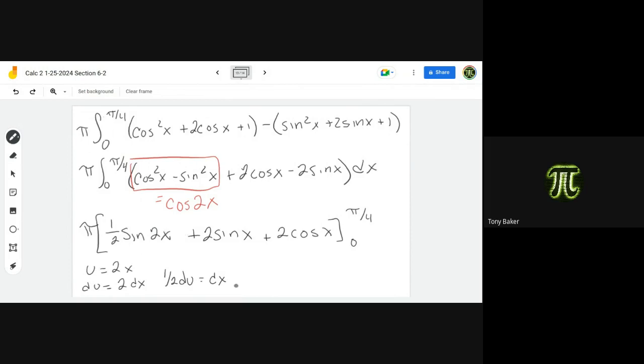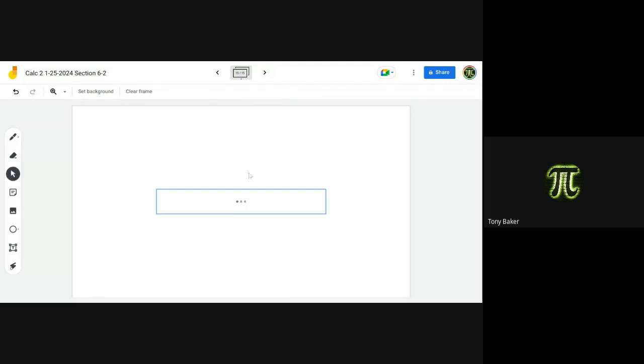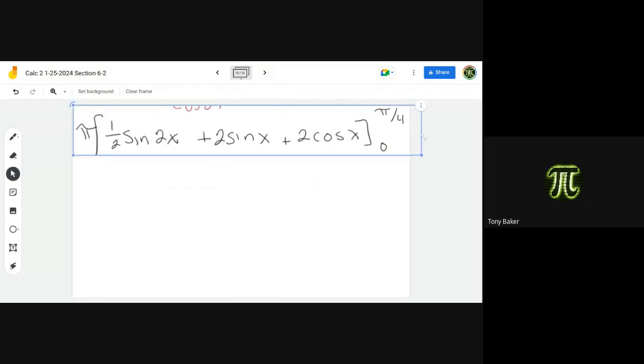All right, so we've got that, but we're not done because we still have to evaluate it. I have to plug in 0 and pi over 4. And in this case, 0 does not disappear everything, because cosine of 0 is not 0. So we'll do pi over 4 first.